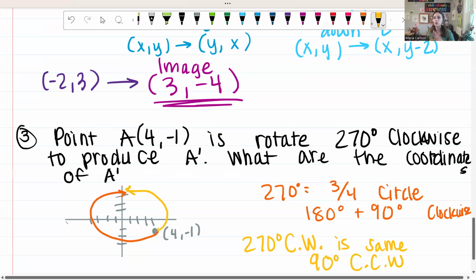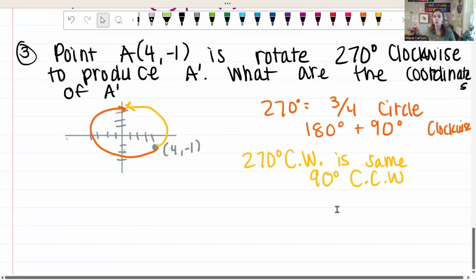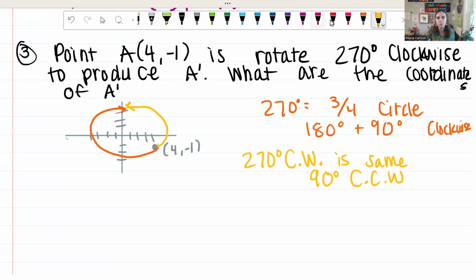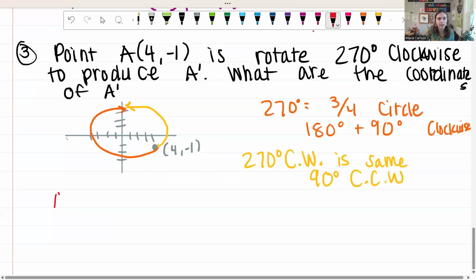And whether you took the work to apply the rules to rotate it 180 degrees and then another 90 degrees clockwise, or you just use the rule to rotate 90 degrees counterclockwise, it's going to have the same effect. So point A is the point 4, negative 1.